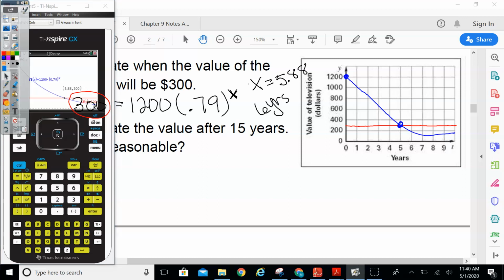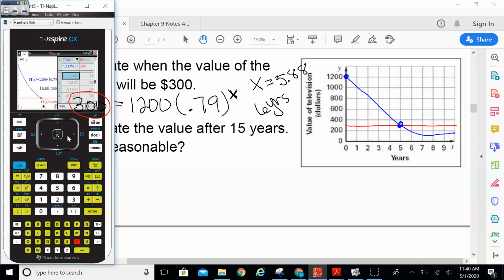So if we go Control T for the table, we can just go to 15, and then we have our y value. So, I can't see that. What is that number?